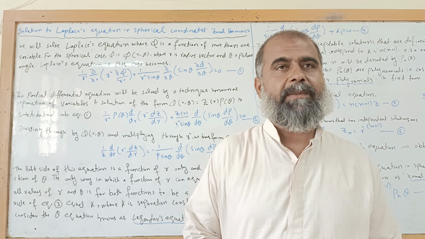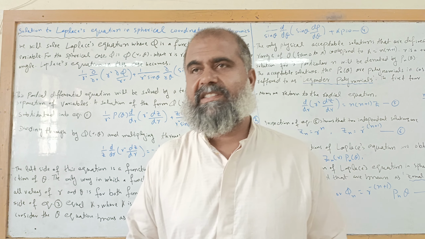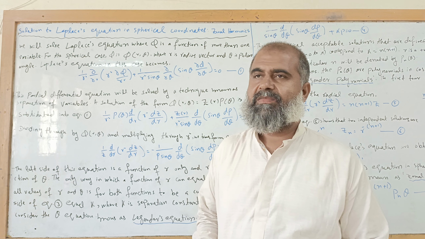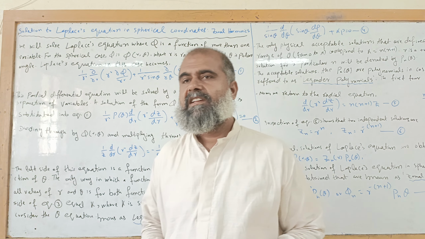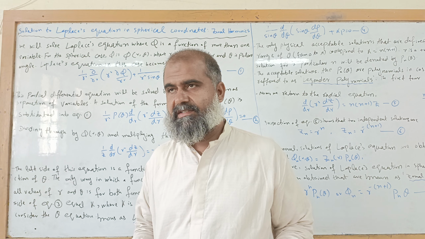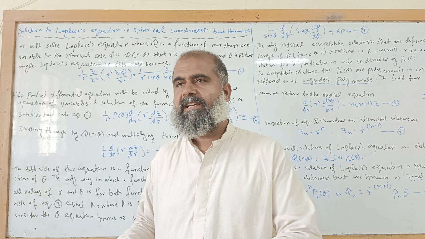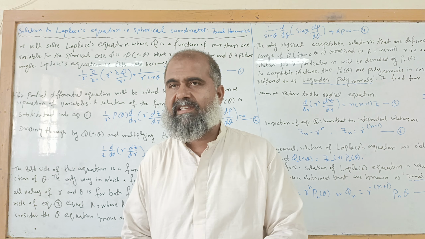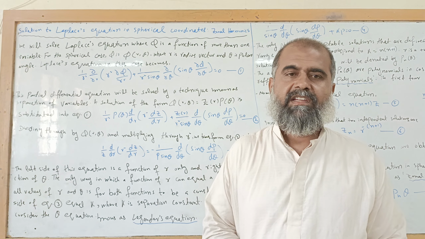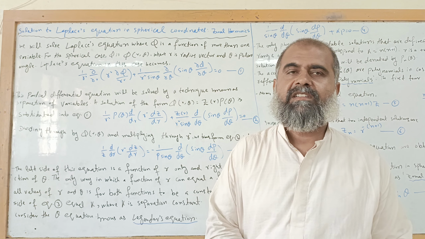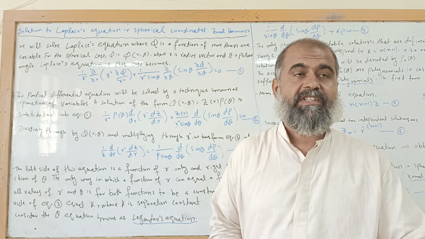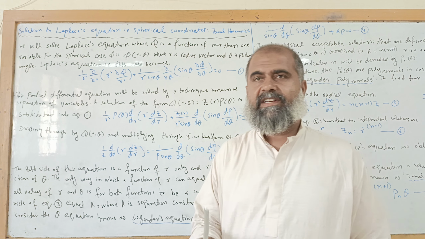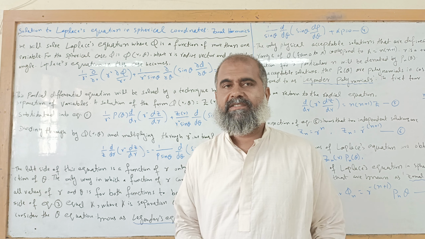One of them was the rectangular coordinate system, the second was the spherical polar coordinate system, and the third one was the cylindrical polar coordinate system. Today we will discuss the solution of this Laplace equation in spherical polar coordinates in two dimensions, using two of its coordinates of the spherical polar coordinate system.